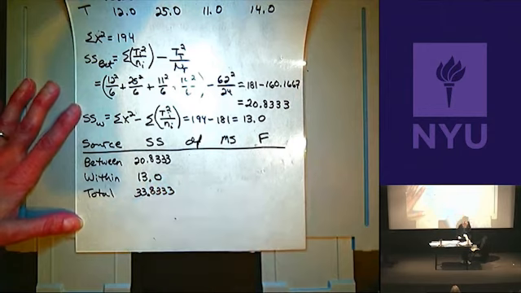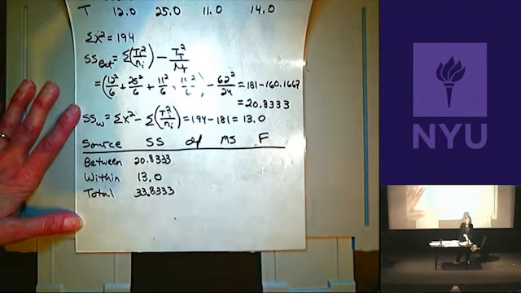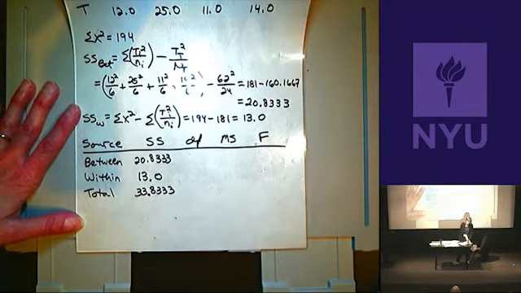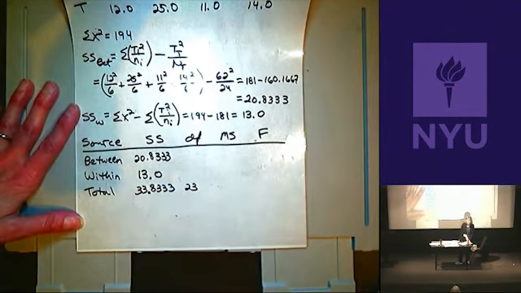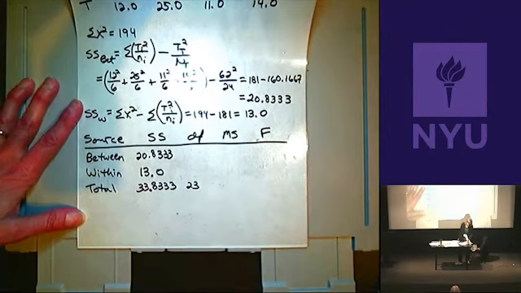And let's get our degrees of freedom. Let's get degrees of freedom total first. What are degrees of freedom total? Yeah, so what is it here? 23, yeah. It's 1 degree off of the total number of observations. And I did that one first because it helps you check to make sure the others are right. All right, degrees of freedom between.